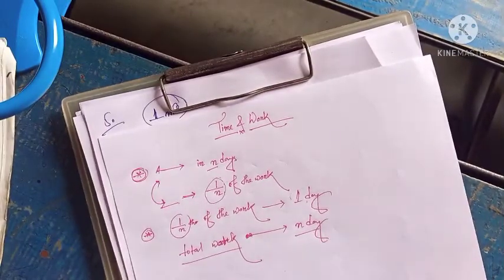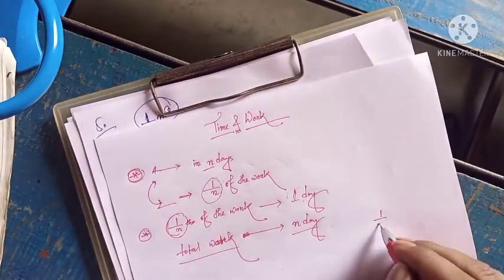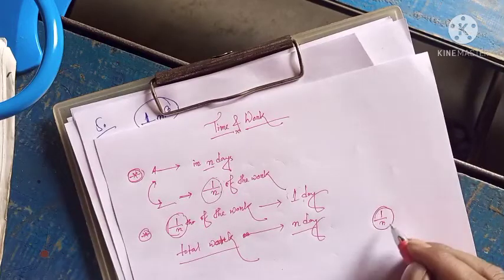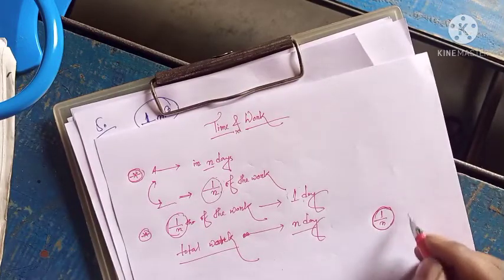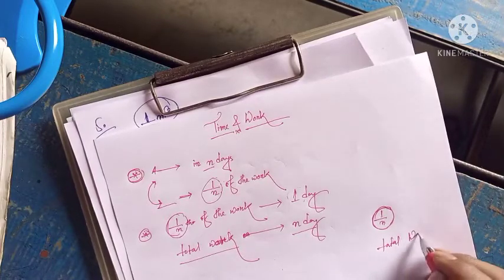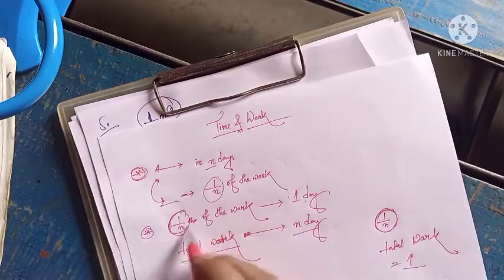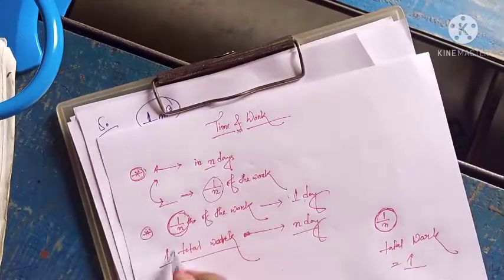What is the reason? 1 by nth means a fractional value. So 1 by nth of the work, and total work means 1. So in place of 1 by n we find 1 of the work.